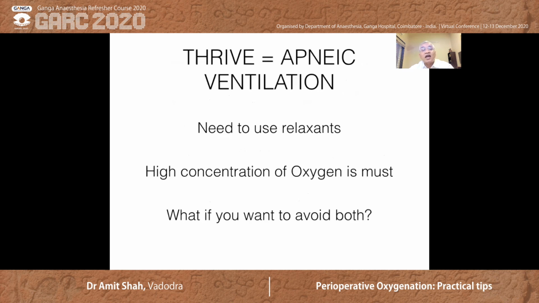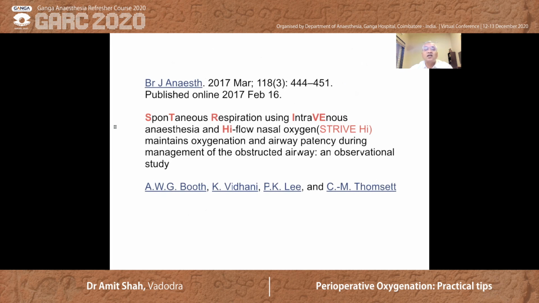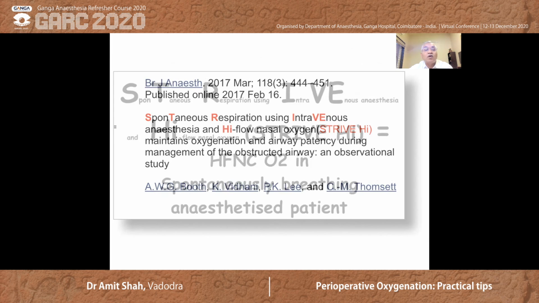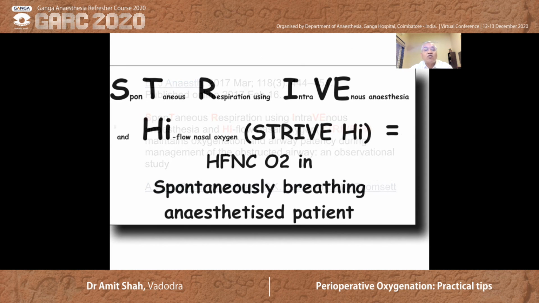But in the THRIVE technique, what was described was use of relaxant and a higher concentration, 100% oxygen. What if you want to avoid both, such as for laser airway surgeries? This was described in the British Journal of Anesthesia in 2017 by Booth as Strive High. What is Strive High? Strive High is high flow nasal oxygen in spontaneously breathing anesthetized patients.